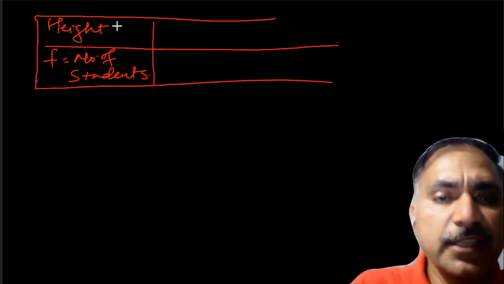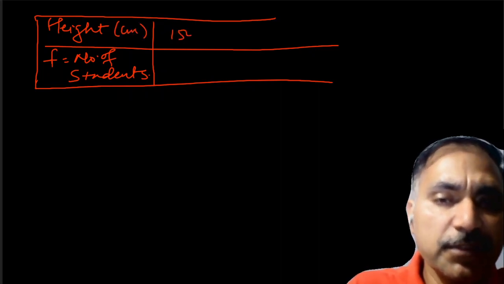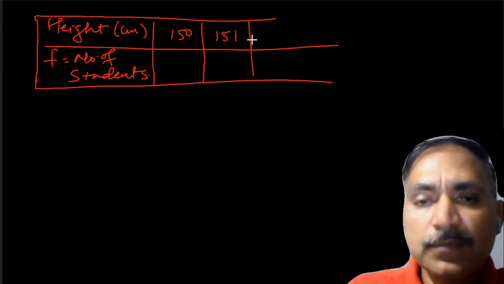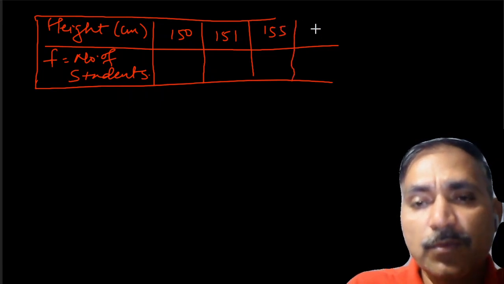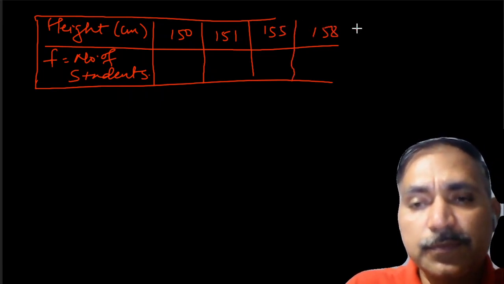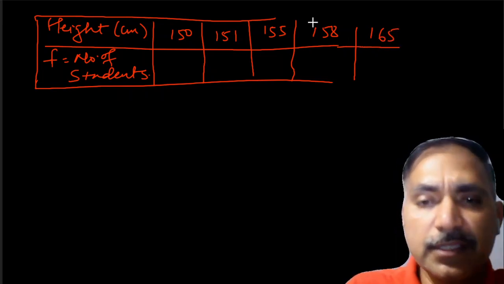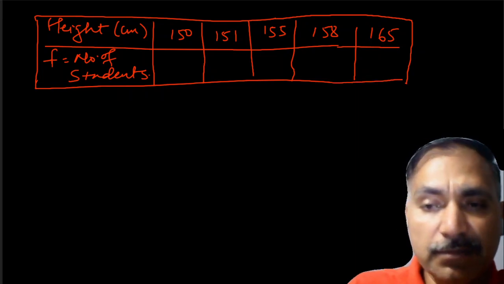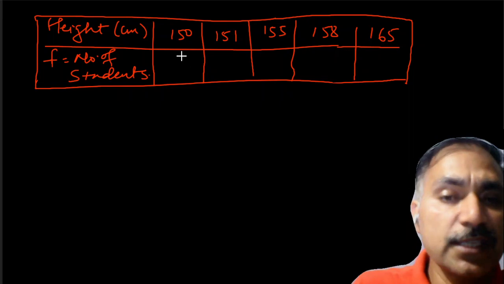Suppose height is given in centimeters. It starts from suppose 150. The next is 151. Then 155, 158, 165. Suppose these are the different heights possible for a particular class of student having the frequency as like this.